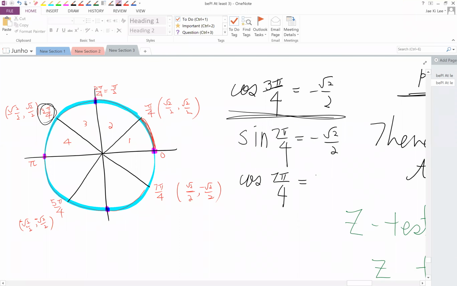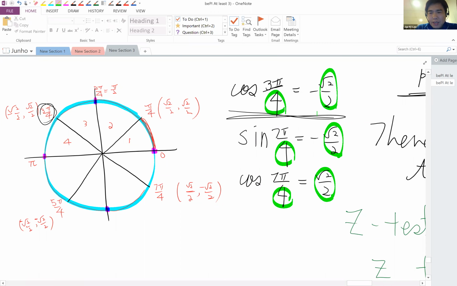So do you see, whenever the denominator is 4, no matter what, the answer is root 2 over 2, for both sine and cosine, and you figure out whether each sign is positive or negative. Makes sense? I hope you get it.